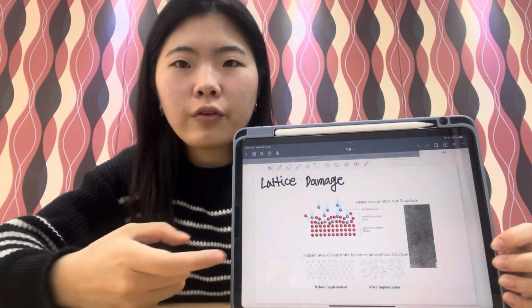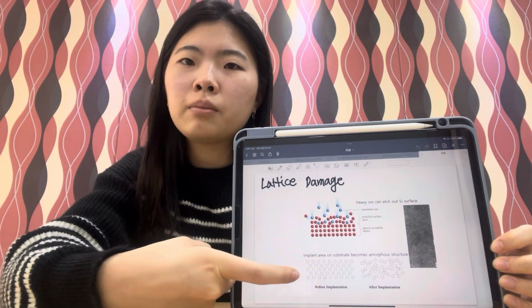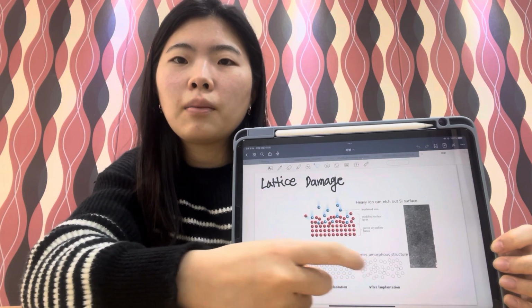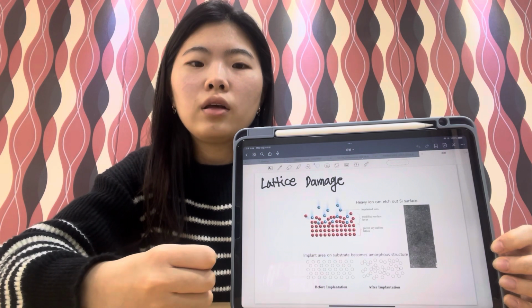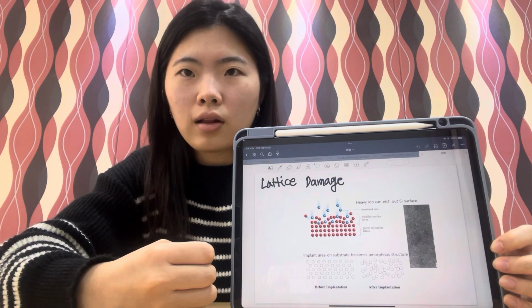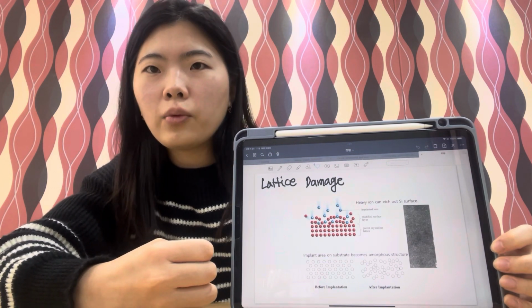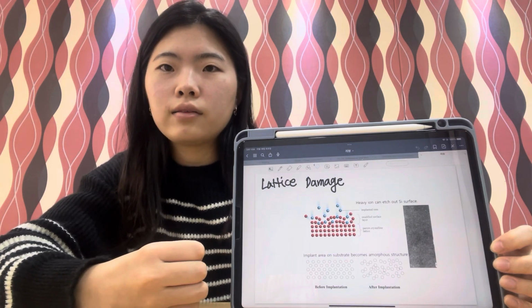At first, this is a very crystallized material, but after the ion implantation, the material can be amorphized. So we do more processes to recrystallize that material lattice. We do annealing more and more to recrystallize the lattice structure.